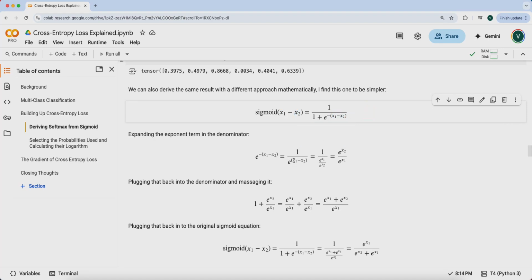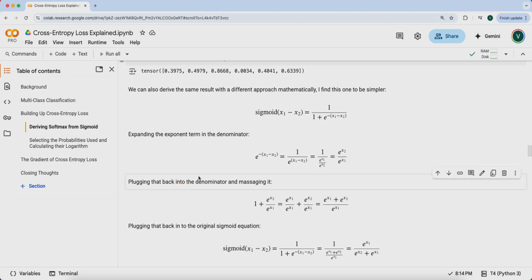So the difference of exponents can be written out as a fraction of exponents. So e to the x1 minus x2 can be written out as e to the x1 divided by e to the x2. And because it's 1 over that, I can flip it. And so this term here in the denominator is now e to the x2 over e to the x1.